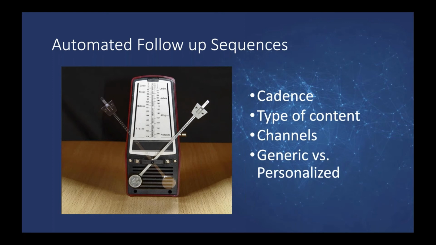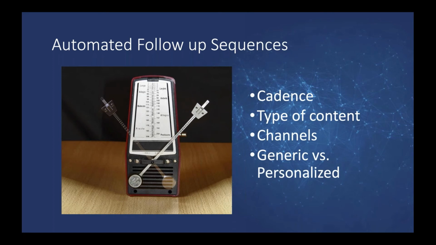For that top of funnel, educational style of messaging, I encourage a cadence of once every 10 to 14 days, and then accelerate as people get closer to that actual home buying or selling decision.